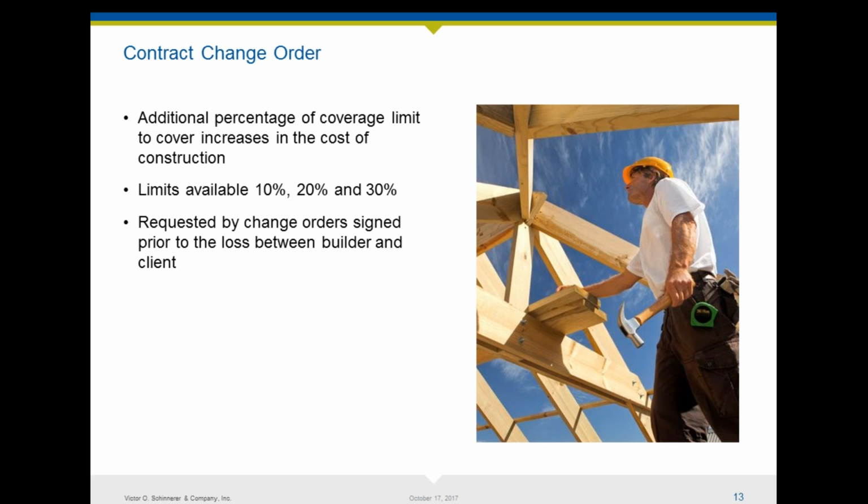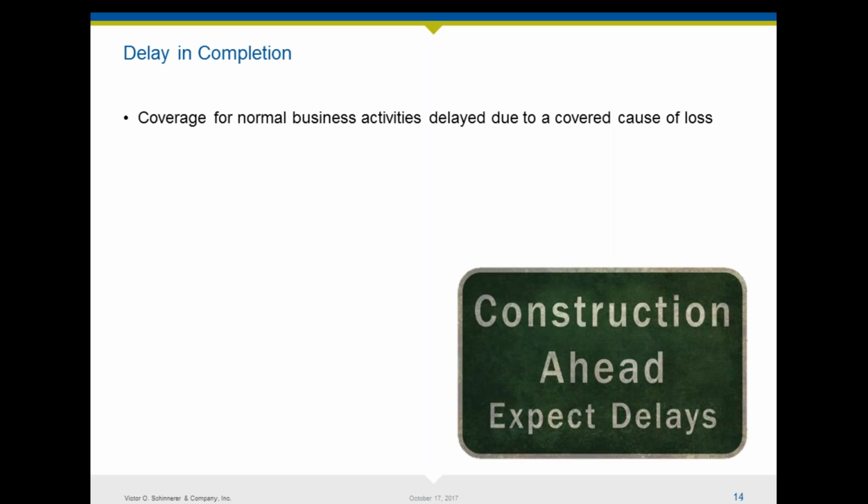So having this already on the policy just gives them that cushion for additional coverage if there was a total loss. So this is something that I get asked for quite a bit, and I would encourage you to take a few minutes to read the coverage form and talk to your clients about it. It's just a great thing to recommend during the discussions when you're working on those submissions.